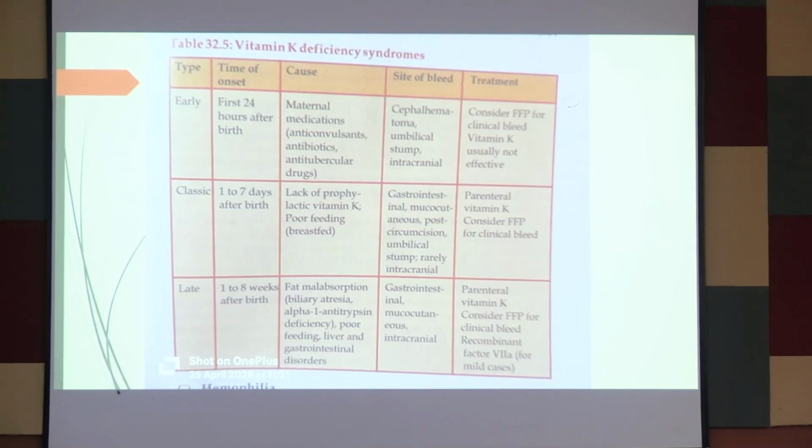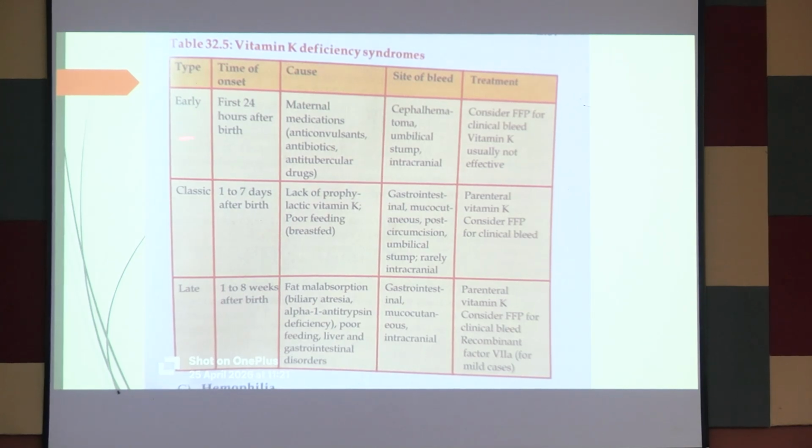Causes of hemorrhagic disease of newborn in early: maternal medications, that is anticonvulsants, antibiotics, anti-tubercular drugs. In classic HDN, due to lack of prophylactic vitamin K and poor breastfeeding. And in late HDN, the causes are fat malabsorption, that is biliary atresia, alpha-1 antitrypsin deficiency, poor feeding, liver disorder or GI disorder.